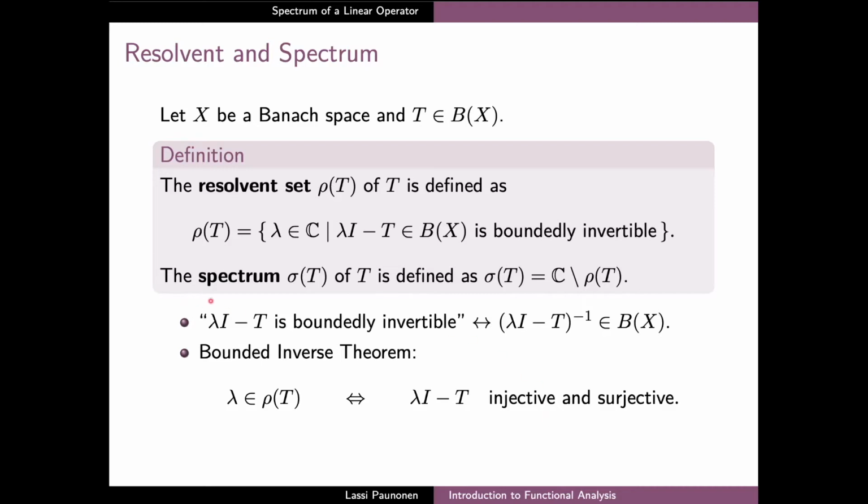And in addition, we define the spectrum of T as the complement of the resolvent set of T, consisting of those points for which the operator lambda I minus T is not boundedly invertible, or equivalently lambda I minus T is either not injective or not surjective, or both.